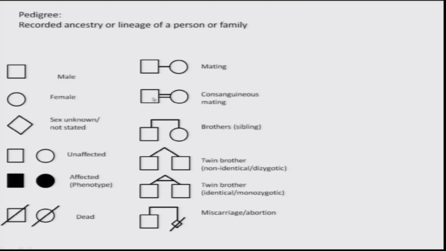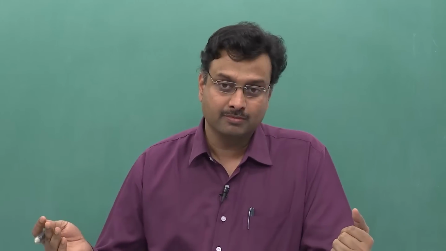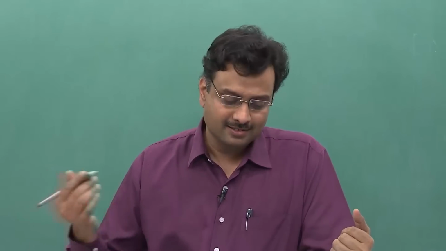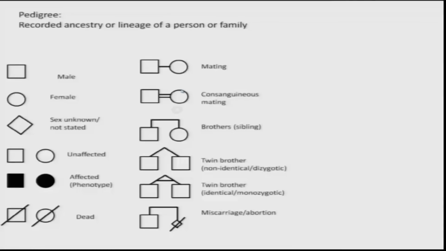At times there could be 2 lines like this that denote that these 2 individuals are related, for example, marriage between cousins. For example, I am married to my aunt's daughter. That represents what is called consanguinity, suggesting that they are genetically closer, and this is a marriage within relatives.